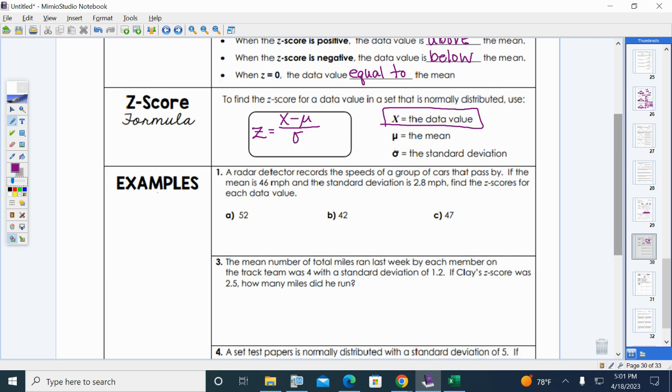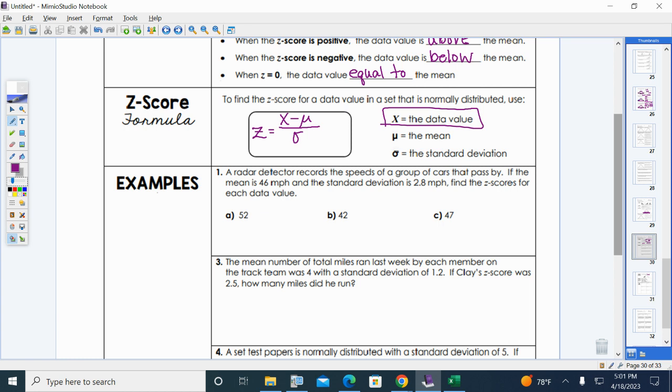In this first set, it says a radar detector records the speed of a group of cars that passes by. If the mean is 46 miles per hour and the standard deviation is 2.8 miles per hour, find the z-score for each data value. So I'm going to look at A. What we're asking here is I need the z-score for my data point, which is 52.